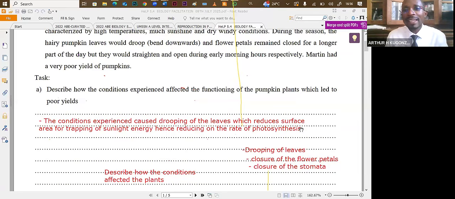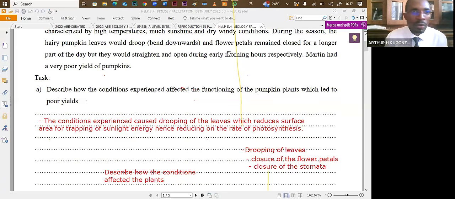So repeating that it led to poor yields in your response doesn't add anything to your response. It doesn't make it unique. After all, in the task, I'm expecting you to give points that led to poor yields. Whether you mention the words poor yields or not, it doesn't add anything to the response.